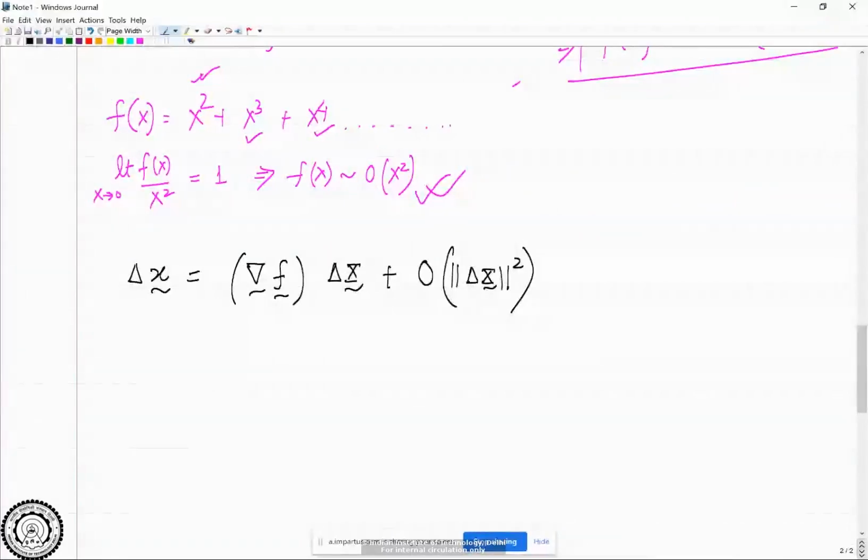And this gradient has a name, and it's also expressed as big F. It's called the deformation gradient tensor. So small f is the deformation map and big F is the deformation gradient.